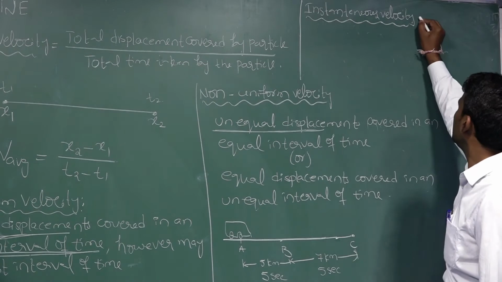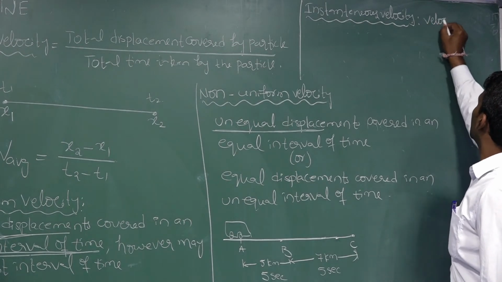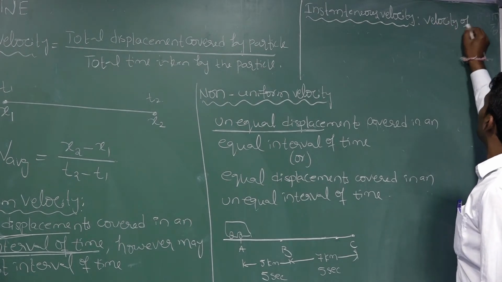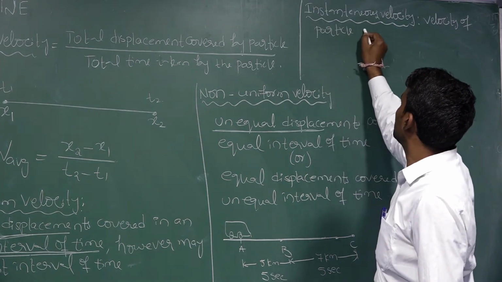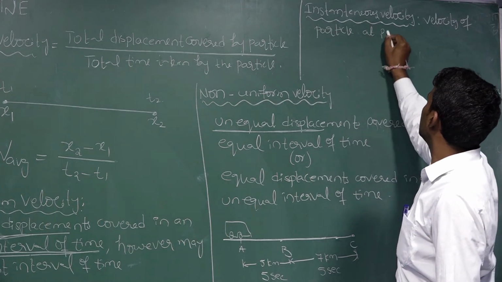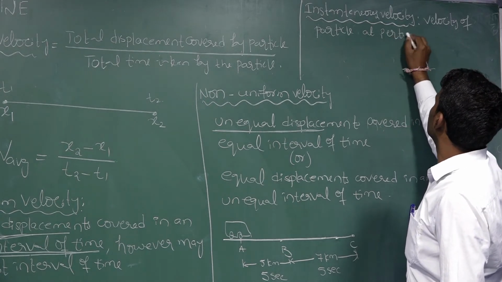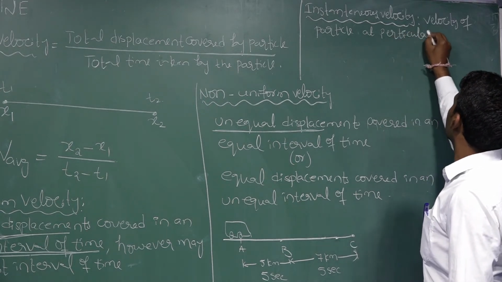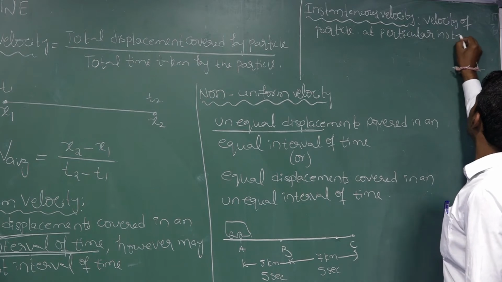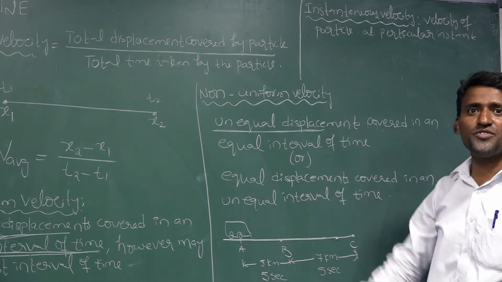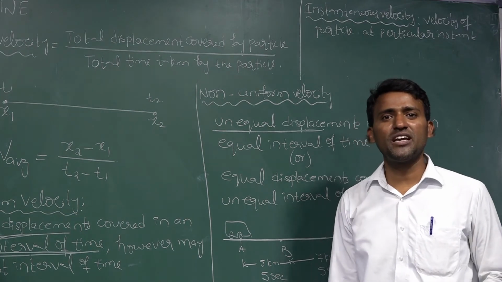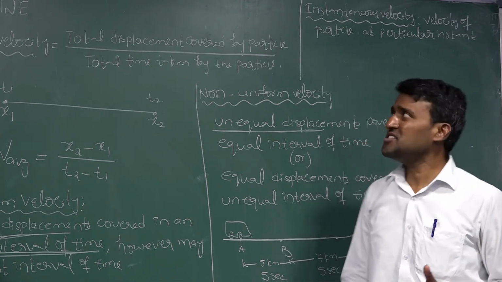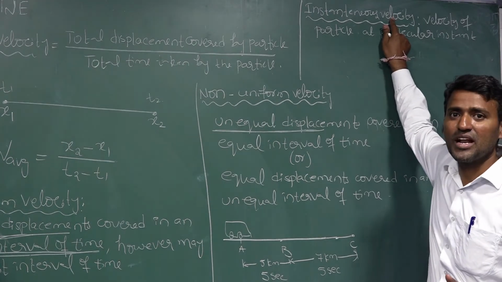The velocity of the particle at a particular instant is called instantaneous velocity.